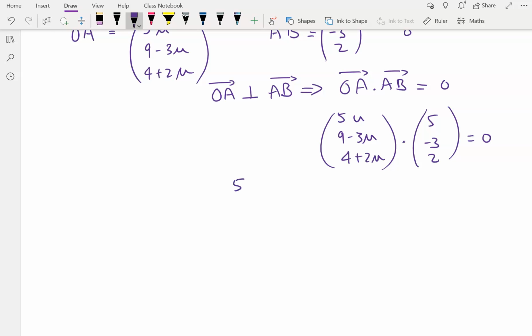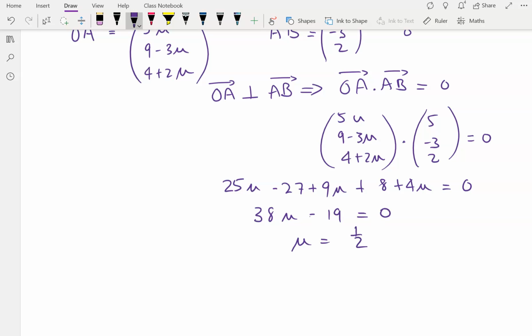I can say 25 mu, minus 27 plus 9 mu, if I multiply that by that, plus multiply this by this, I'm going to get 8 plus 4 mu. That has to come up with a grand total of 0. Tidying all of this up, I'm going to get 38 mu minus 19 is equal to 0. I think you can see from that situation that mu is going to equal a half.